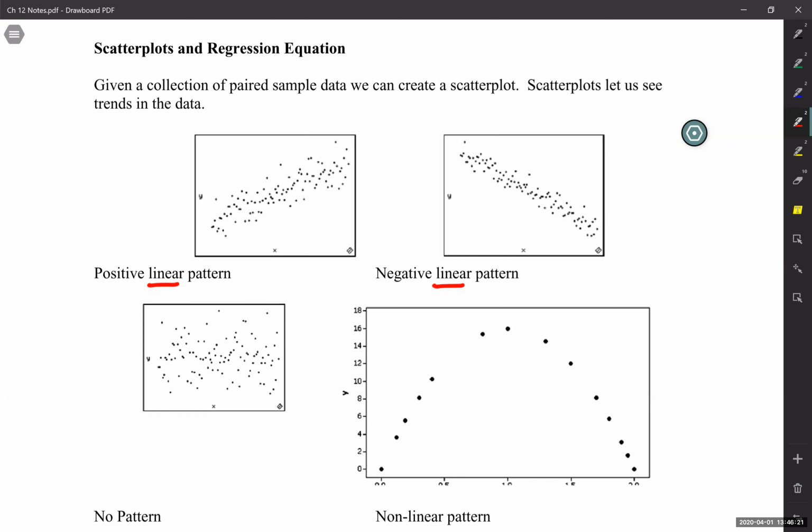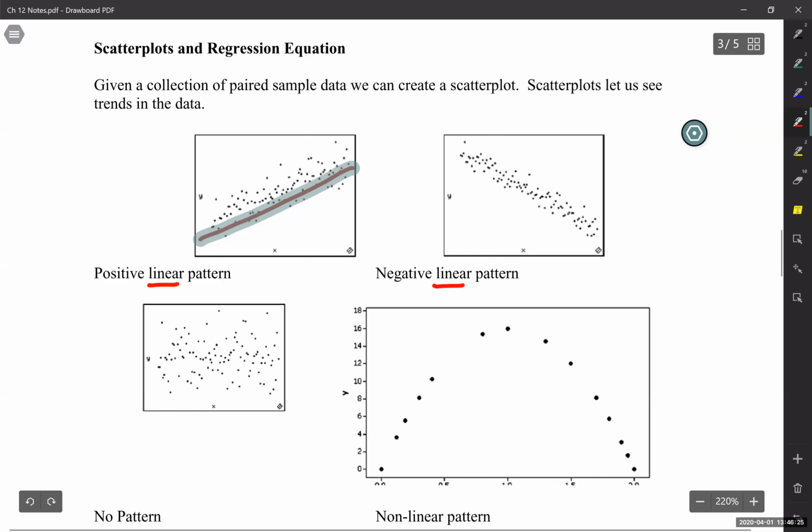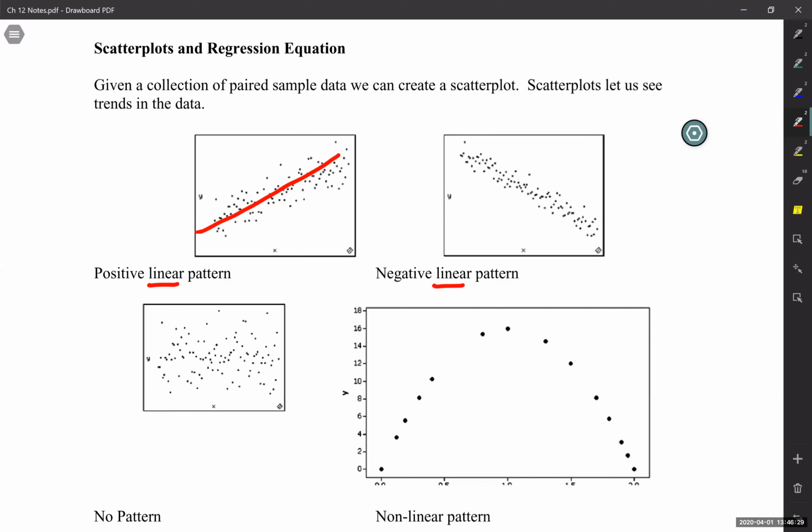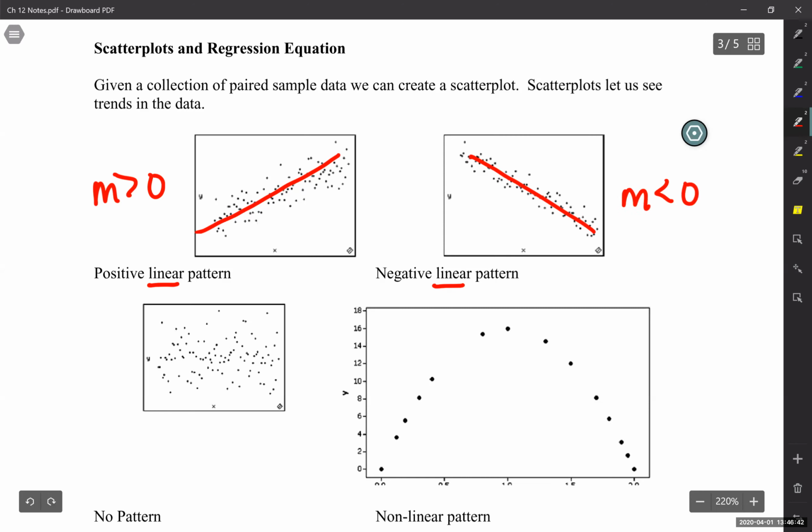The positive linear pattern goes up, just like the slope. And so this one, the slope is positive, and we call it positive linear pattern. On the second picture, the slope is going down, the slope is negative, and we say that's a negative linear pattern.